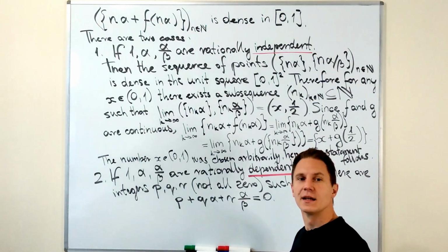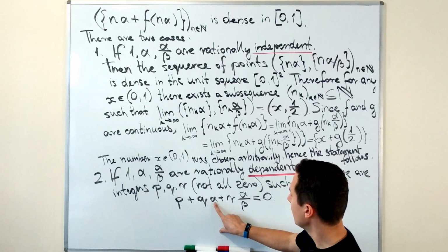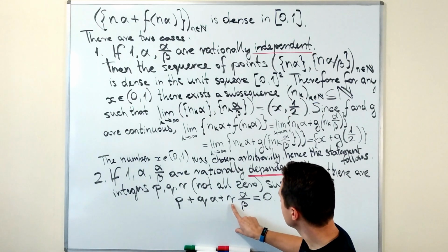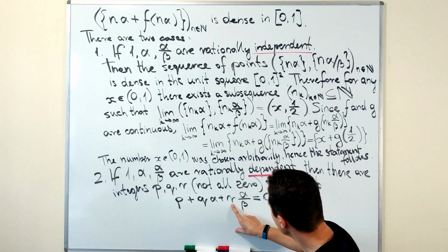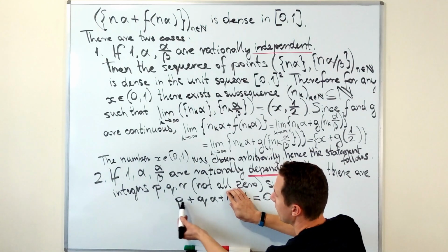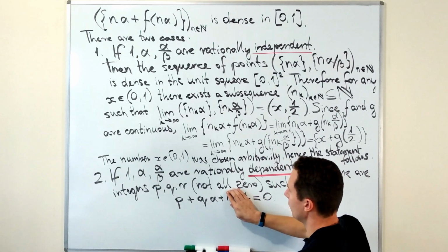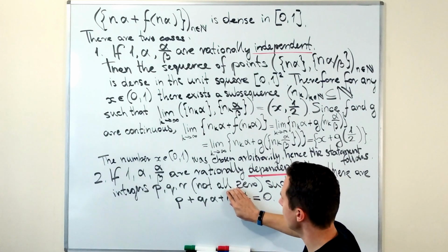So next, we can use that alpha is irrational. So this coefficient, the integer r, cannot be 0, since if it was 0, then alpha could be expressed as the ratio of two integers, but alpha is an irrational number, so it cannot be expressed as the ratio of two integers.